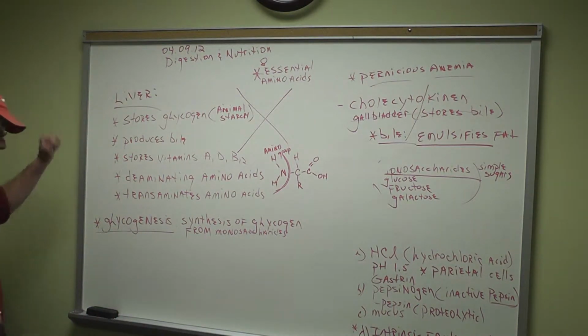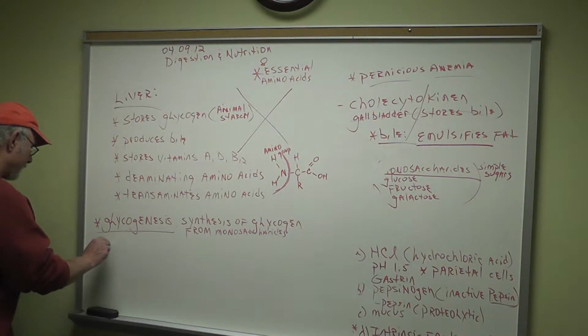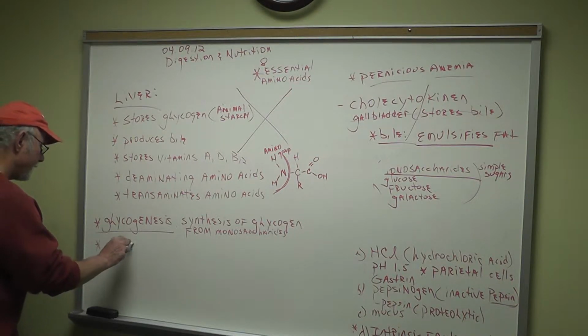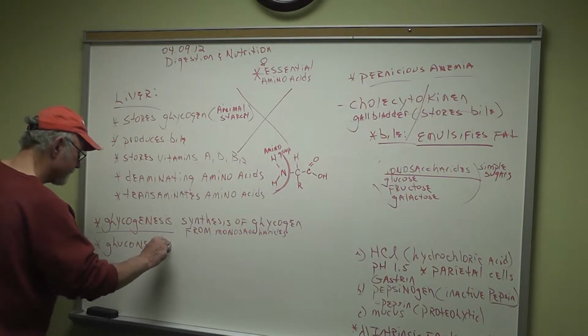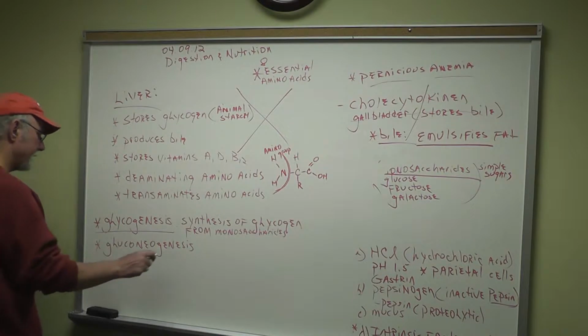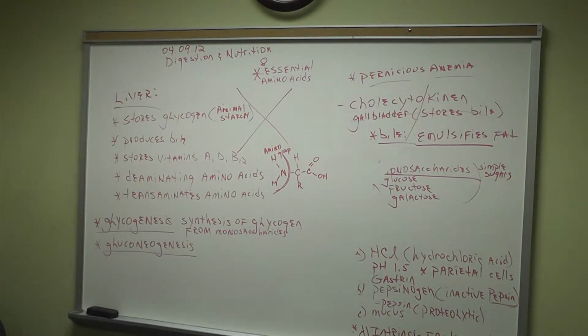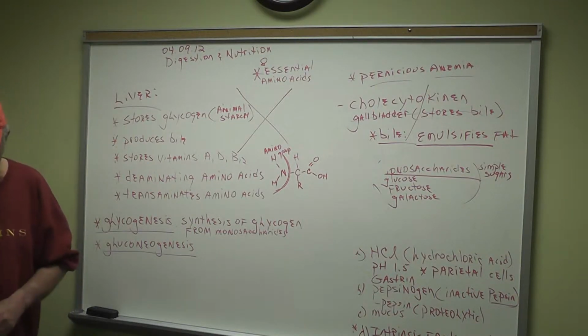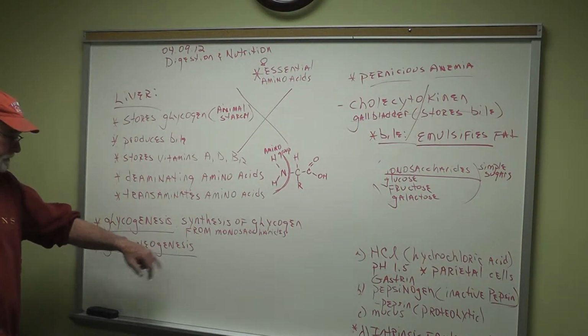Now there's another term that's fairly similar to it, and it's called gluconeogenesis. Gluco again refers to glucose. The prefix neo means new, and genesis means to generate.